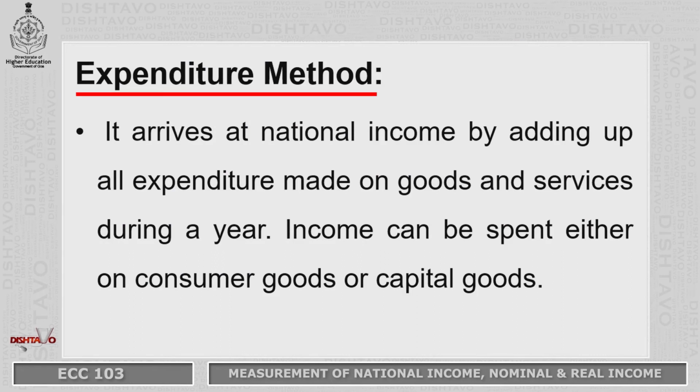Third and the last one is the expenditure method. As the name suggests, the expenditure method arrives at national income through the expenditure incurred by the individuals. It arrives at national income by adding up all expenditure made by the people on the goods and services during a year in an economy. Income of a person, or for that matter an individual, can be spent either on consumer goods, in the sense of fast moving consumer goods, or on the capital goods which build the economy.